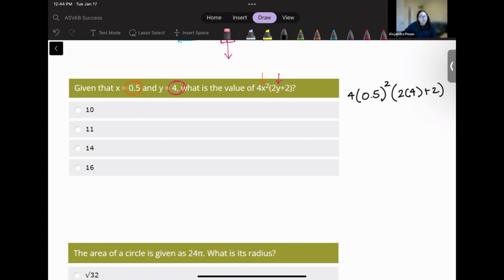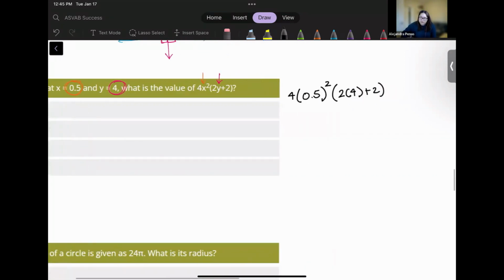And now we need to use what? What process should I do here? Anybody? So, PEMDAS, yes. We're going to use order of operations, which means we're going to go through PEMDAS. Beautiful. So PEMDAS states that first we start with the parentheses.